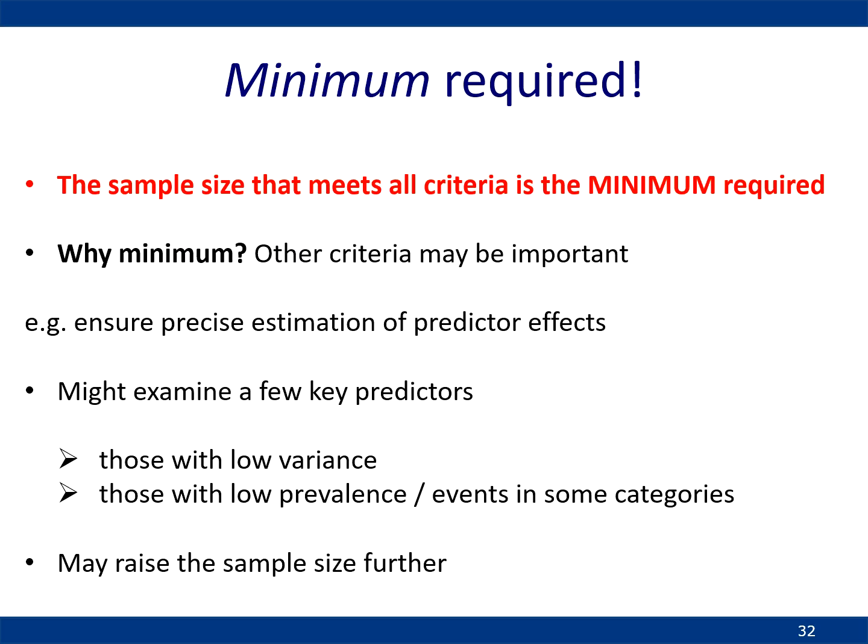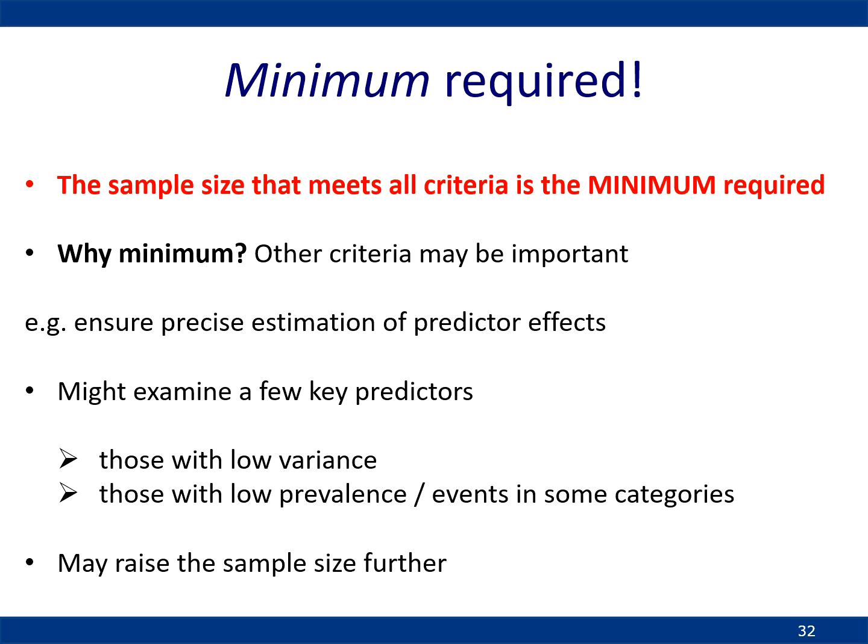So I've mentioned this a few times, but it's very important to remember that the final sample size from our calculations is a minimum that would be required to develop a new model. And we say it's a minimum because there are many other criteria beyond those that we specify that could be important. For example, you might want to ensure that we've got precise estimation of particular predictor effects within the model.